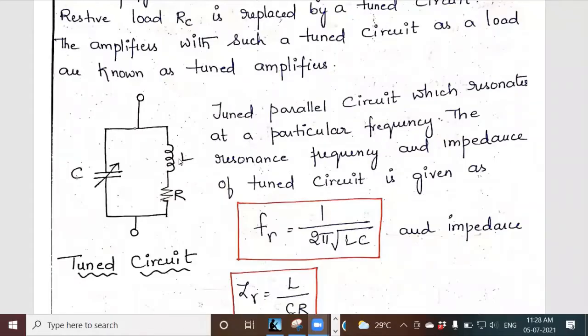practically the inductor has some series resistance.